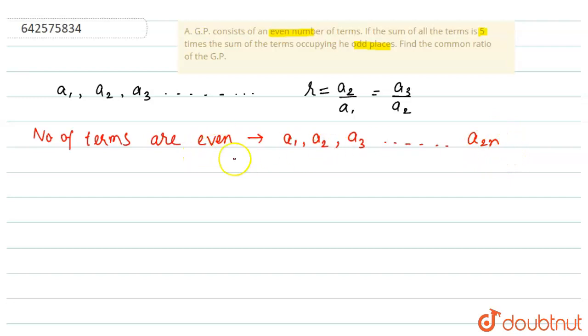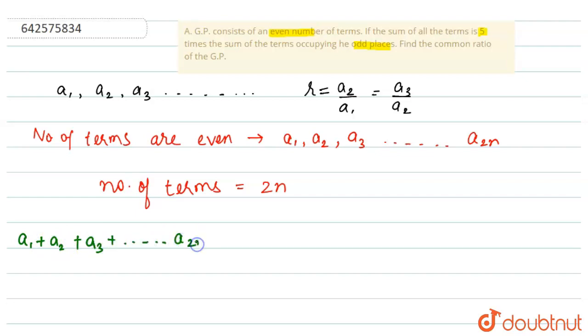Now, the number of terms will be equal to 2n in this GP. The relation we have been given is that the sum of all the terms is 5 times the sum of the terms occupying the odd places. First of all, we'll write the sum of all the terms in the GP. So this will be A1 plus A2 plus A3 plus up to A2n.